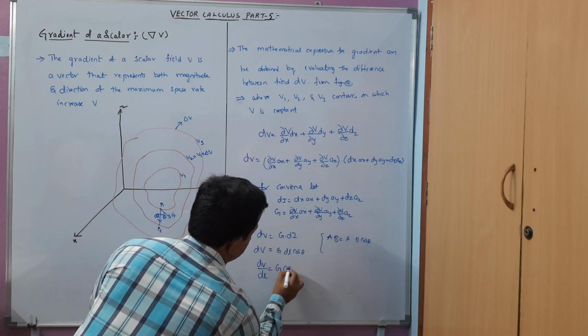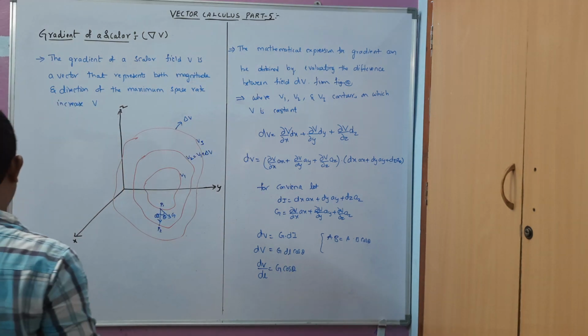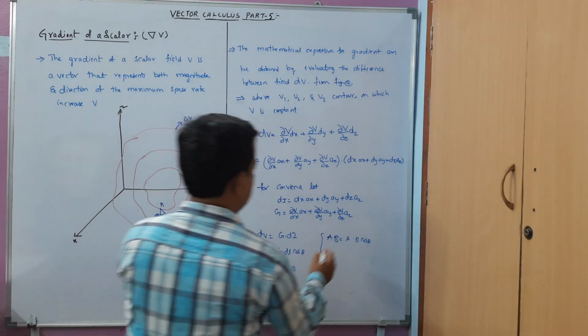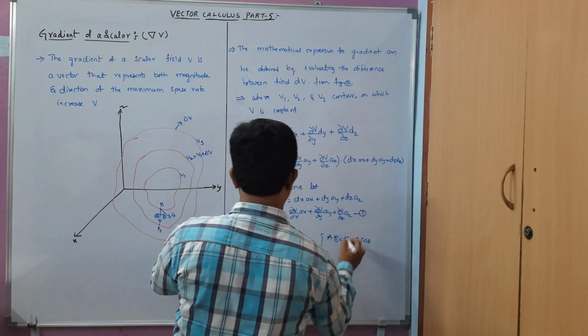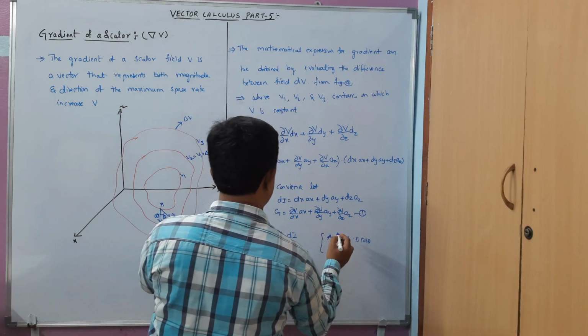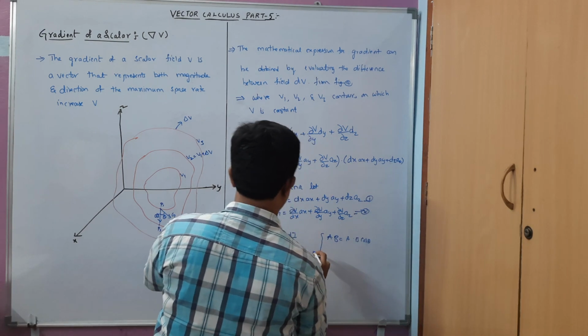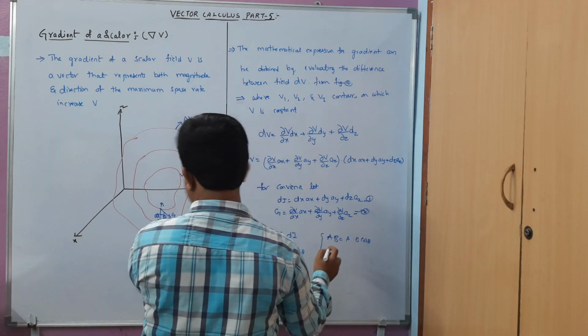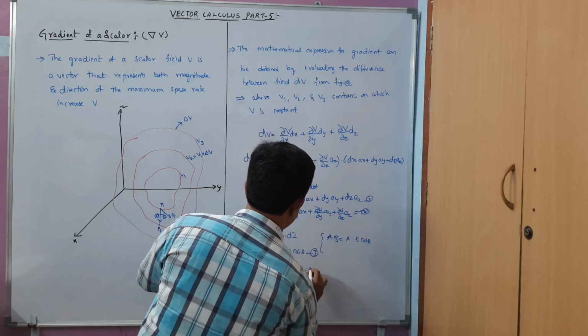So finally I have got dV by dl is equal to G cos theta. Let us take these as equation number 1, 2, 3, and this is equation number 4.